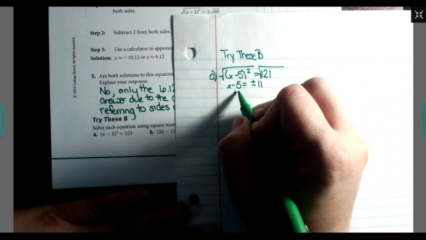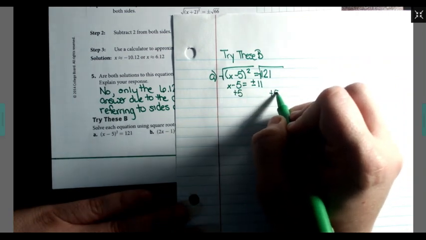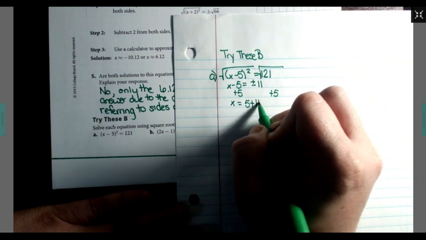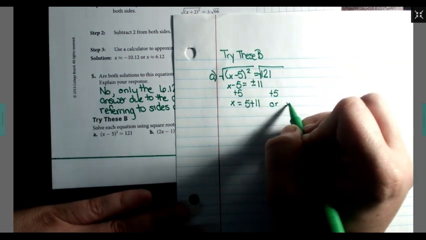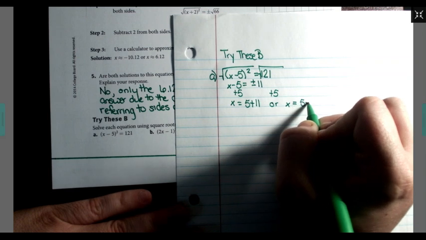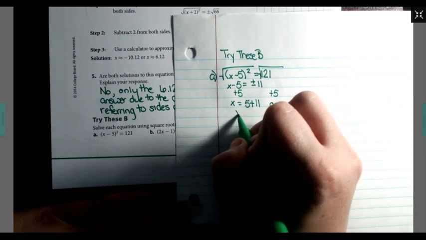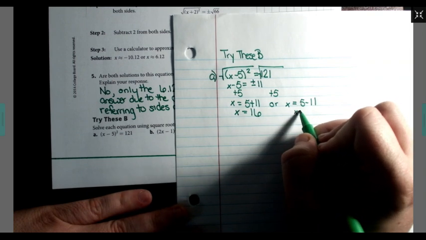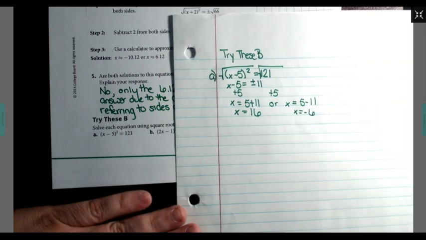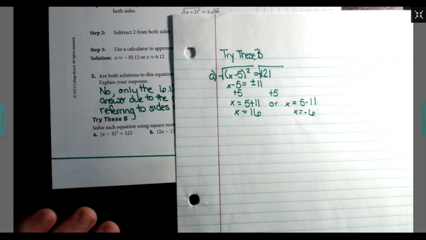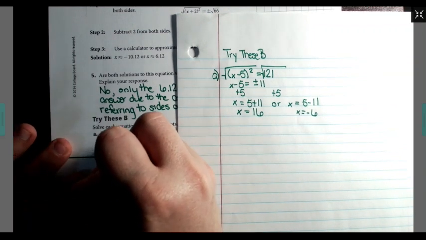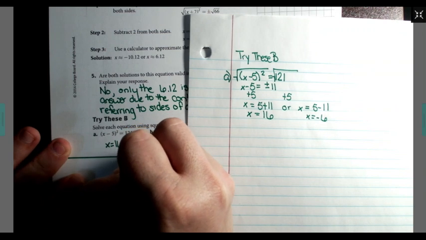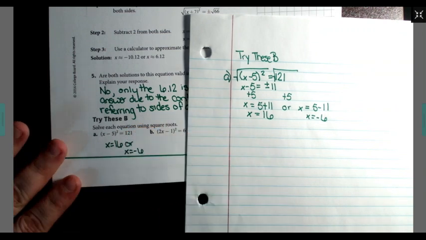So we're going to add 5 to both sides. So this is going to say x equals 5 plus 11, or x equals 5 minus 11. Well, this is going to be 16, and this is going to be negative 6. So x equals 16, or x equals negative 6.